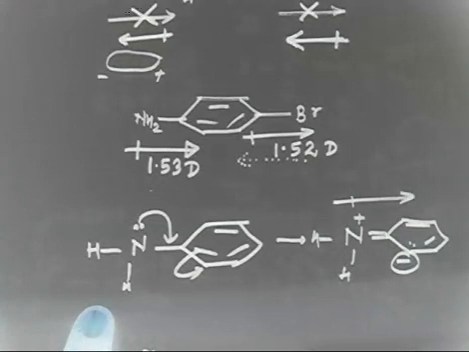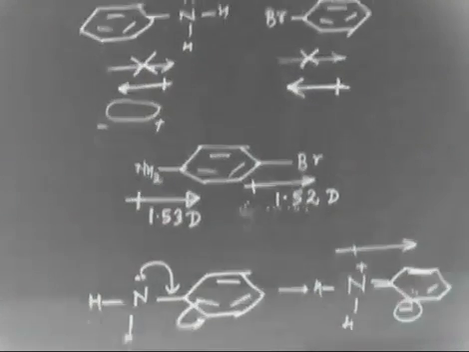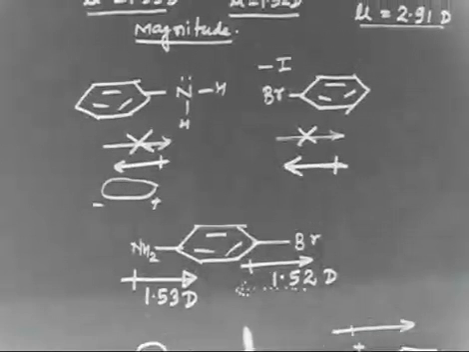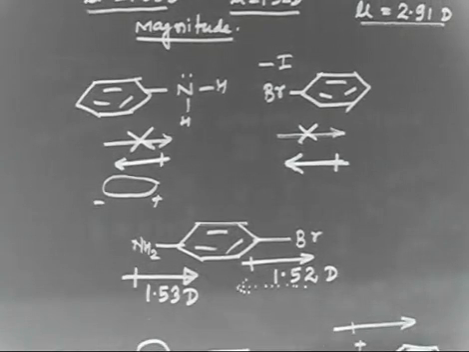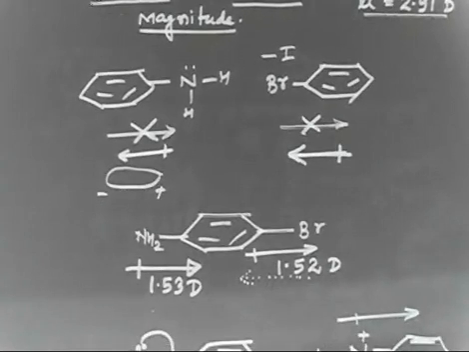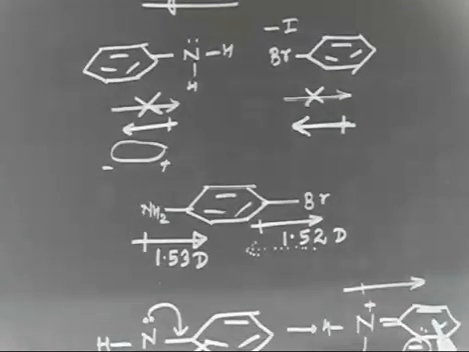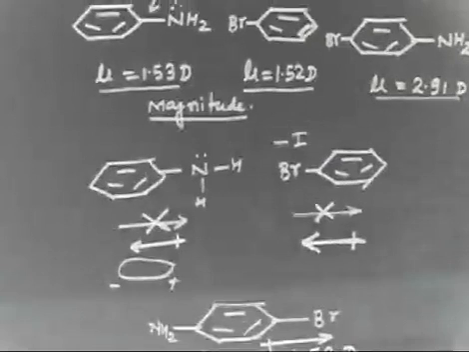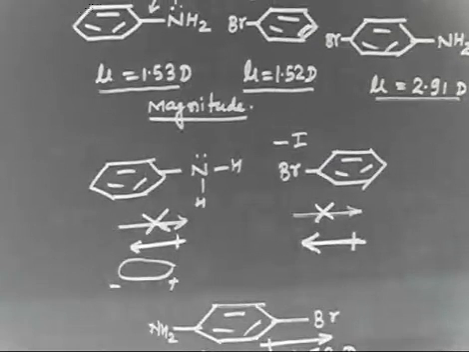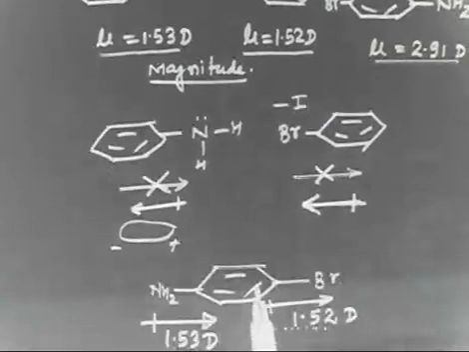This suggests in bromobenzene the direction of dipole moment should be the same, but in this case the direction is from the ring to bromine.